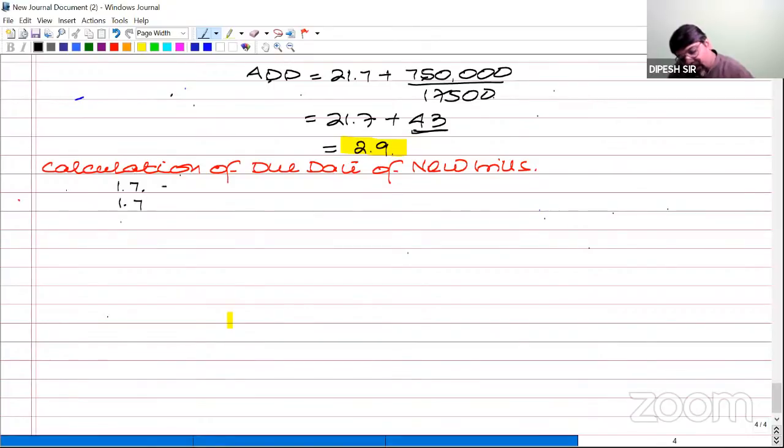1st of July. This he is drawing for how many months? 4 months. That will become 4th of November 2018, and this is 6 months.